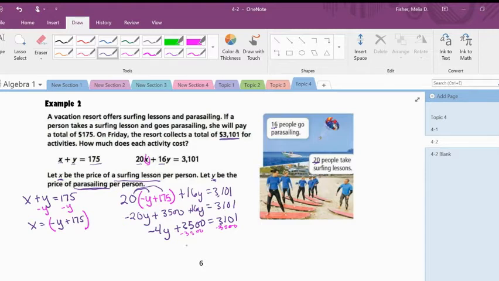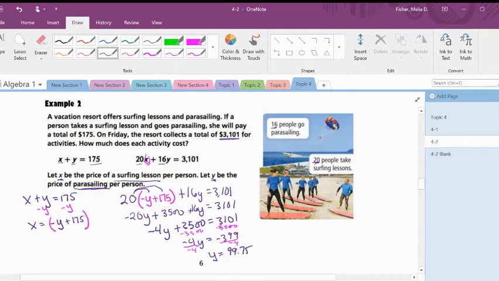That leaves me with negative 4Y equaling negative 399, I believe. And then we will divide both sides by negative 4. A negative divided by a negative leaves me with 99.75.